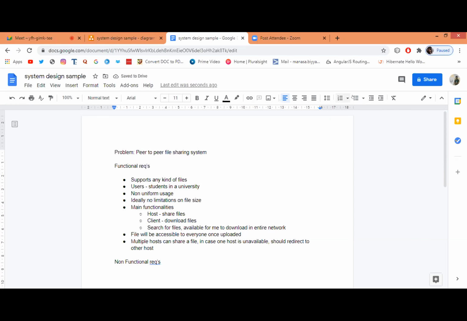Let's not worry too much about identifying if the files are the same. Let's say a file with the same name, same size and same properties is considered the same file.